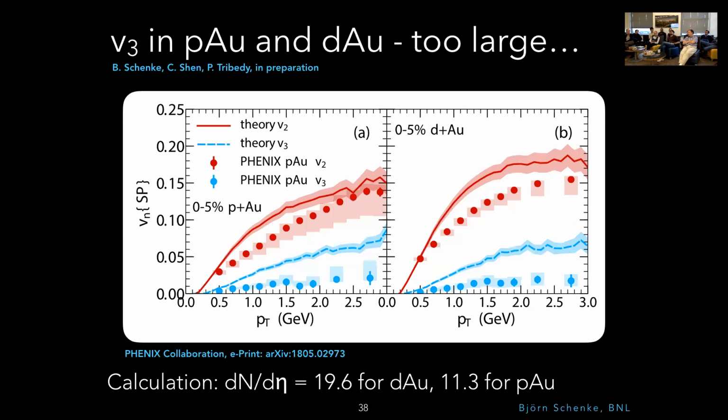Can you somehow assess how much of this v3 is initial state? How much of v3 is present already at the switching, and how much is geometry? Yeah. So for v3, I think there's certainly not an easy epsilon_p equivalent for v3. I think Derek Teaney maybe came up with something that works similarly for triangularity.